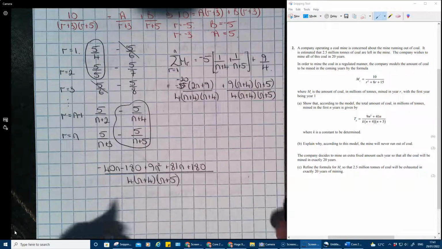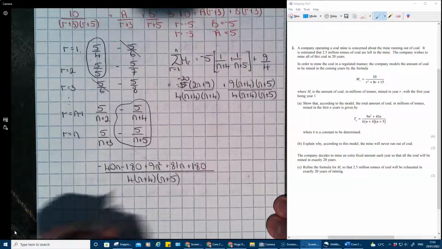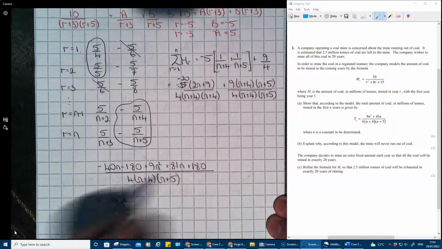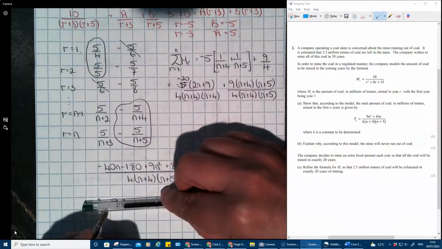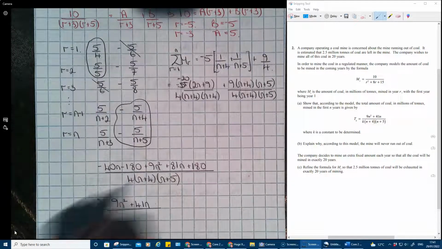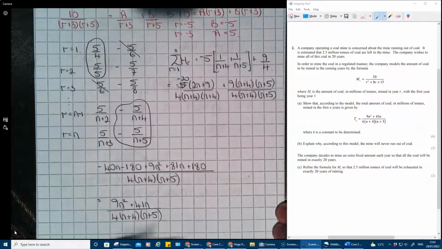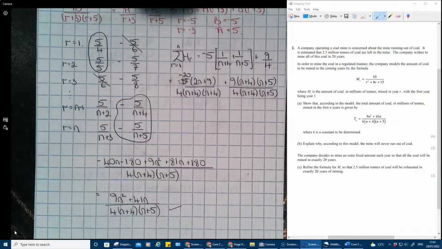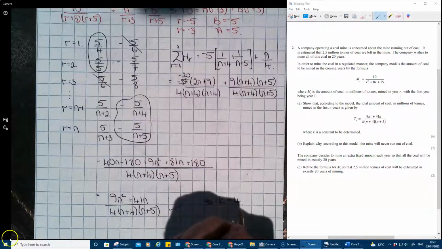So always leave that factorised if it's in that form. Simplifying the top now, we get 9N squared plus 41N, and then the 180s will cancel. So there's no cancelling. It's got a factor of N, but not one at the bottom. Okay, so that's that done. And k is obviously 4 in this case, so I might as well state it just to be explicit, that k equals 4.